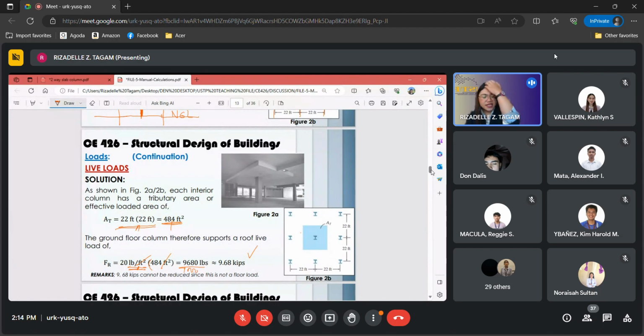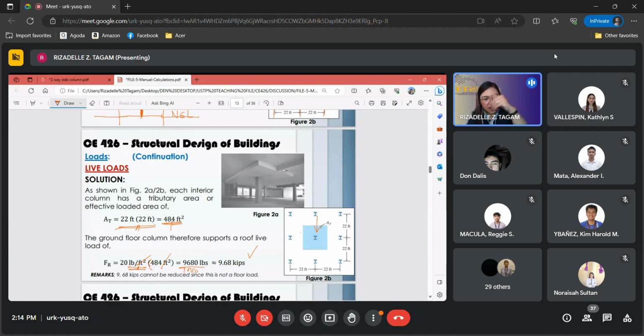Kips na. And one thing you should watch out for: the loading carried by the column is only the load, kips na siya diretso. Or if metric, kilonewton na siya diretso. Wala na per meter or per feet, because it is the actual load of our column.